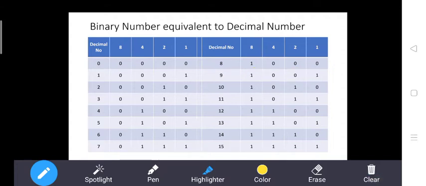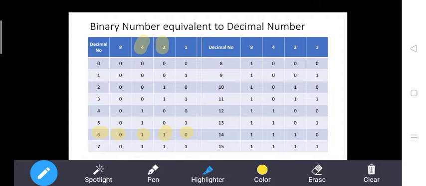I also take another example, 6. For 6, I need to add only 4 and 2. So the 4 and 2 positions are marked with 1. Remaining positions are marked with 0. So my correct binary number is 0110. I hope you understand.